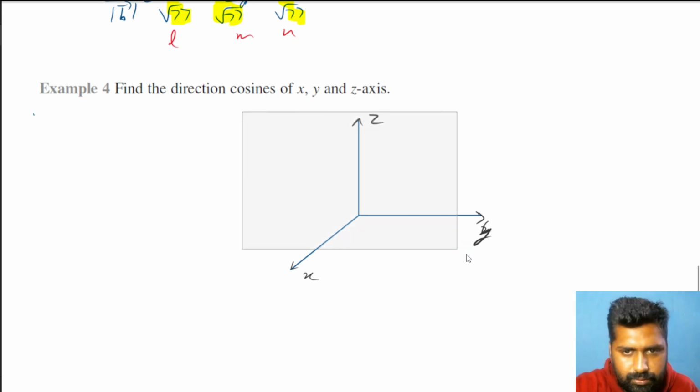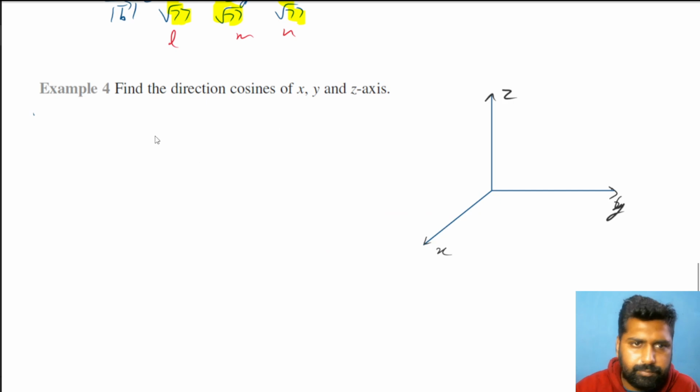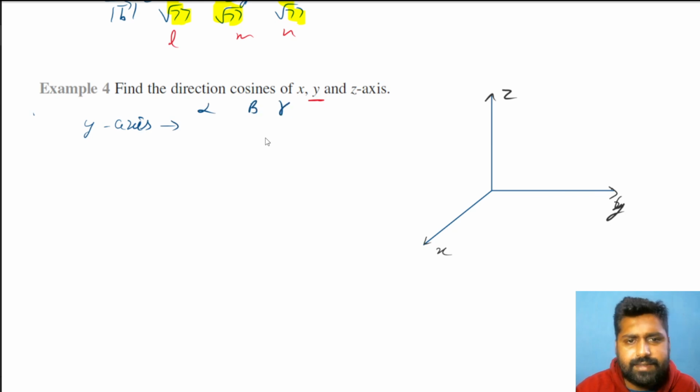There are two ways to do this. Okay, let's learn from angle point of view. I'll solve first of all for y because it's easy to see this. So if you look for y-axis, you have to think for angle with x-axis, y-axis and z-axis. So y-axis, what is the angle between x-axis and y-axis? This angle, 90 degree.